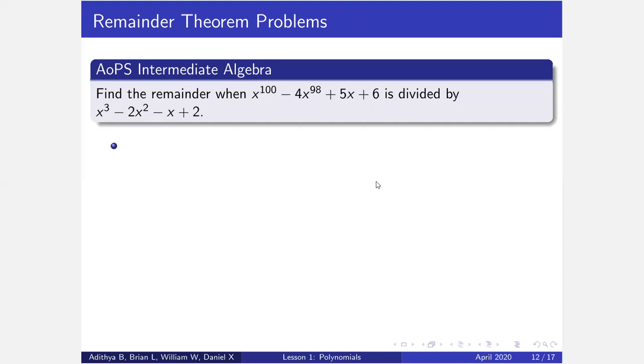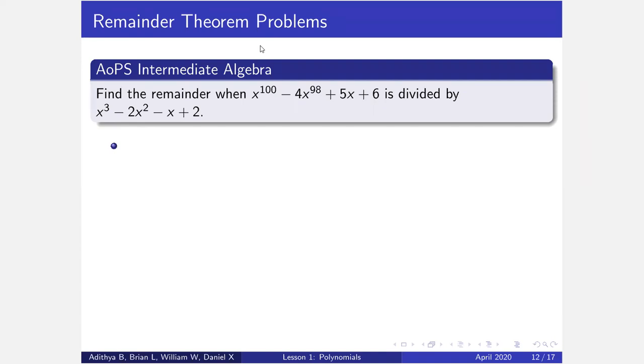I guess by the rational root theorem, we would want to check the roots plus or minus 1 and plus or minus 2. So if we check x equals 1, that's a root. If we check x equals -1, that's also a root. And if we check x equals 2, that's a root.